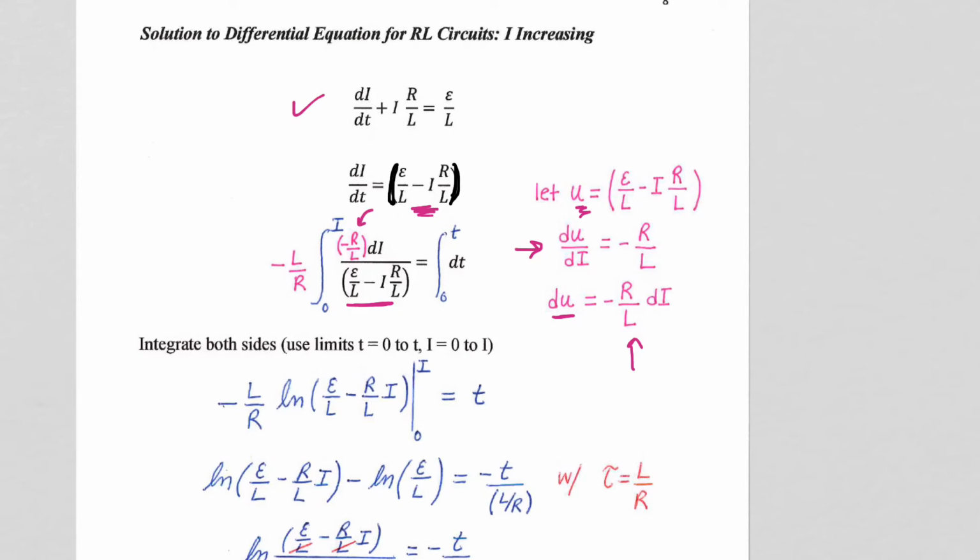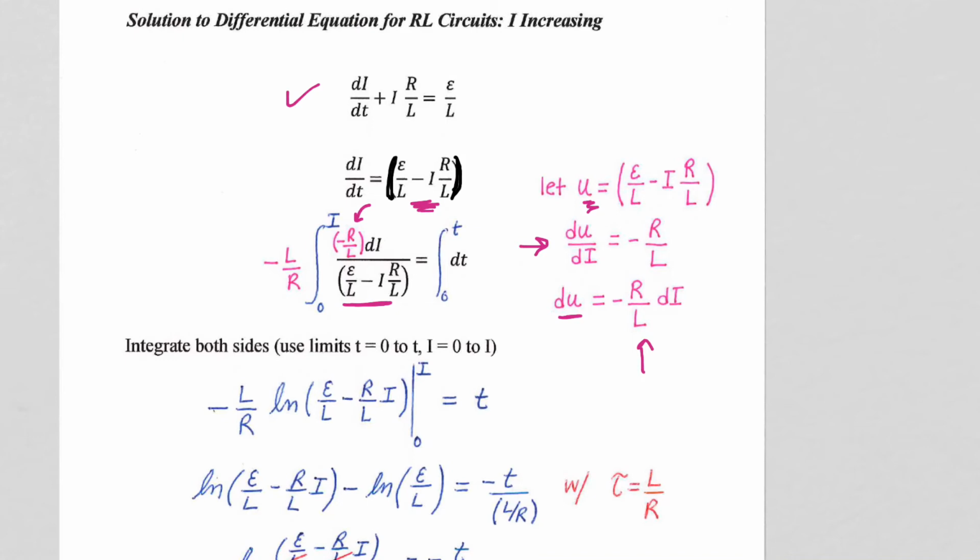Notice our limits of integration go from 0 to t, not to infinity. We don't go to the endpoints because we're interested in a solution in between 0 and infinity. So we only go to time t, and we're going to go to a generic current I. I will be somewhere between 0 and I max based on Ohm's law.